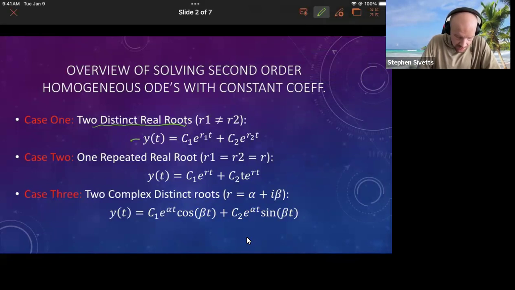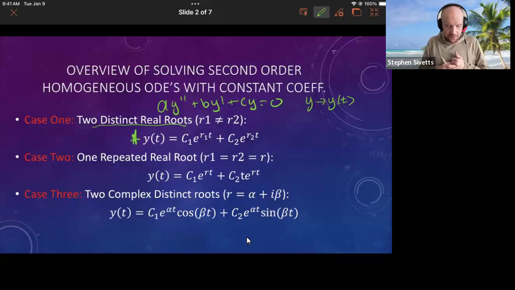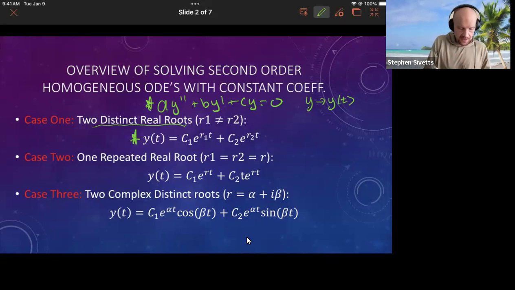Then your general solution for this equation, if y is some function in t, is C1 times e to the R1t plus C2 times e to the R2t. So that's the first case.